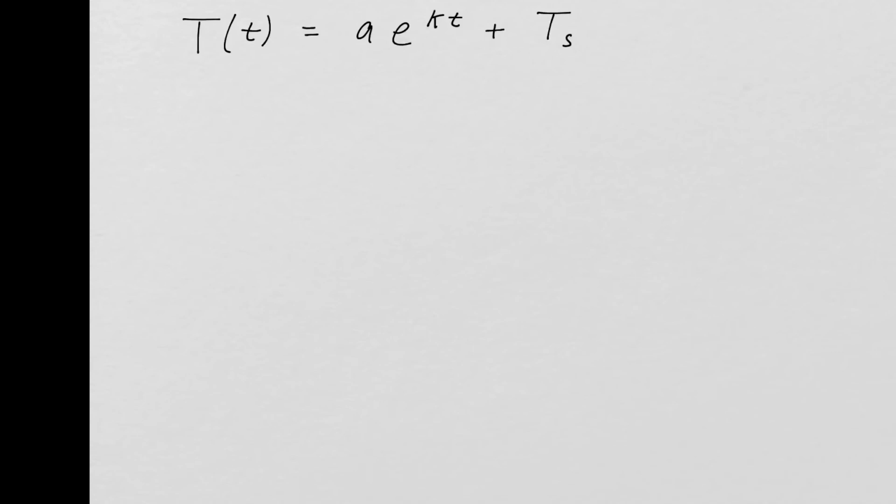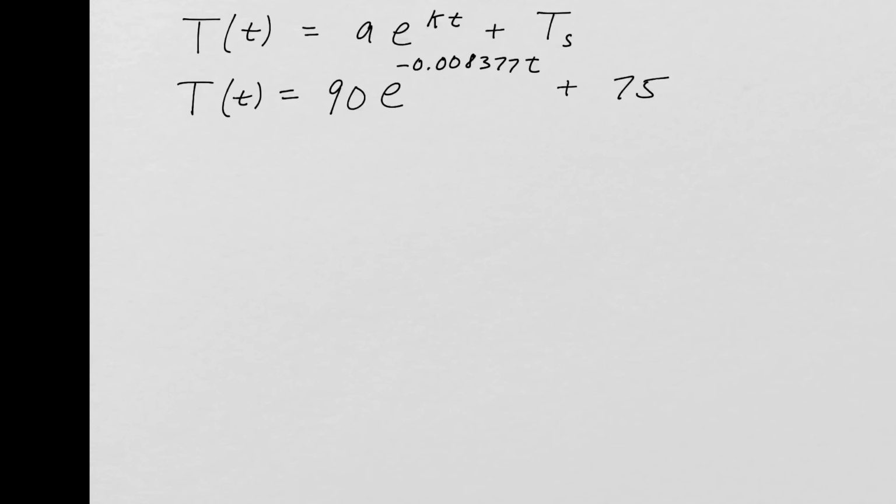But now I have all the information I need, right? So the temperature at time t is going to be a. Well, we found a to be 90. We found k to be negative 0.008377. I have to multiply by t plus, and then the room temperature was 75.